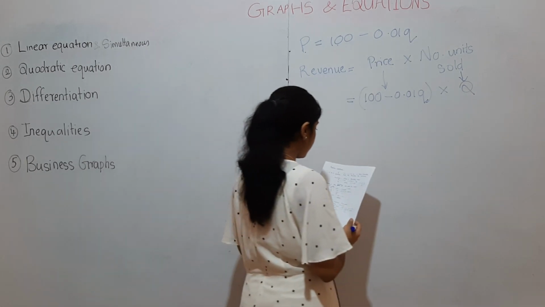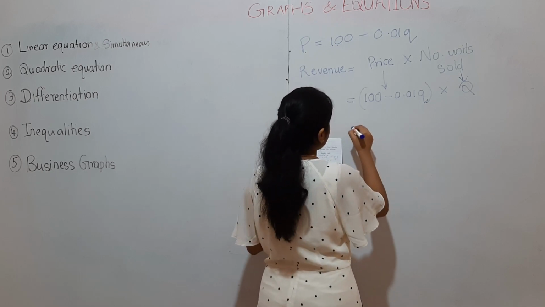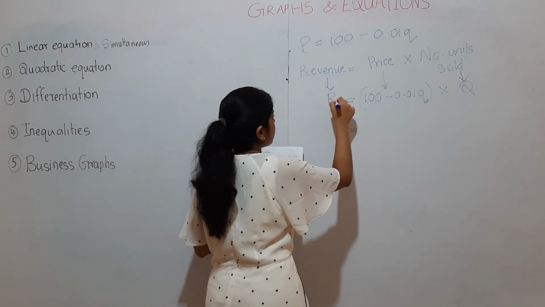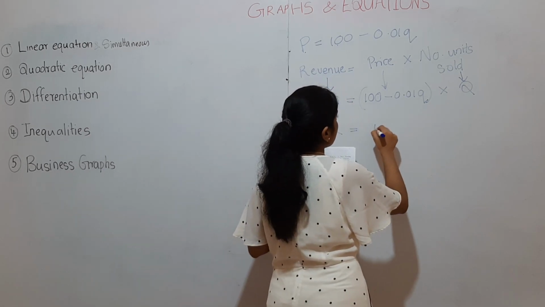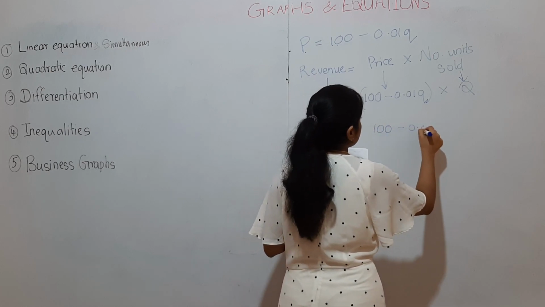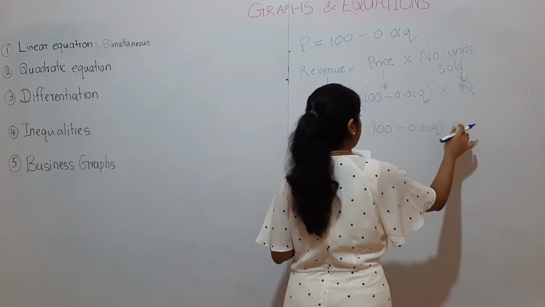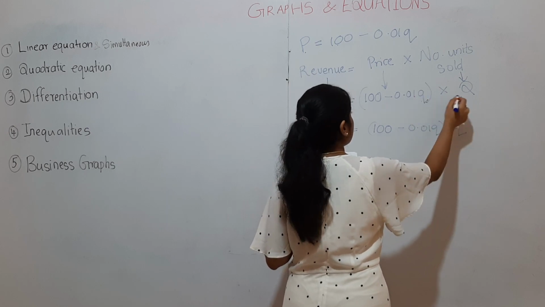Fine. Then the answer will be, if you symbolize revenue as R, R equals 100 minus 0.01 Q, multiplied by Q. The same Q, capital or simple, it's the same Q because both represent quantity.